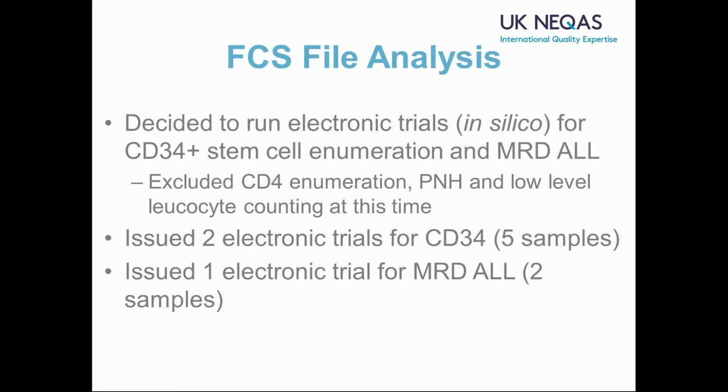We've not done a PNH yet because we decided to wait until the new guidelines were launched. And we've not done low-level leukocytometry because so few labs actually do it. But a PNH trial is going to be coming in the next couple of months because we've been working with Steve to get some data sets. So we've issued 2 electronic trials for CD34 and 1 electronic trial for MRD.